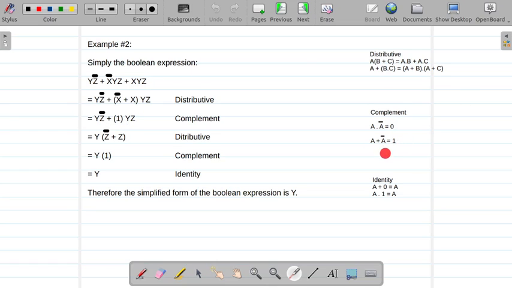So, Y complement Z plus 1 and YZ. Any variable multiplied by 1 is just equal to the variable. So, what remains is just Y and Z.